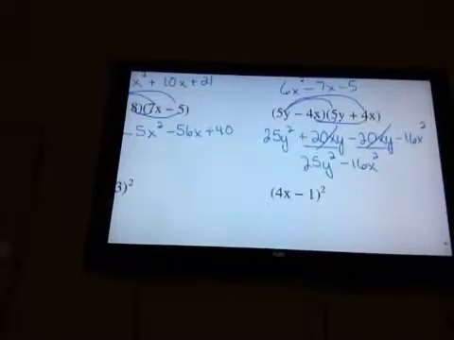There's a special name for this, and we're going to use it actually fairly often. These are called conjugates. That's a G. Conjugates, C-O-N-J-U-G-A-T-E-S. Those are called conjugates of each other.